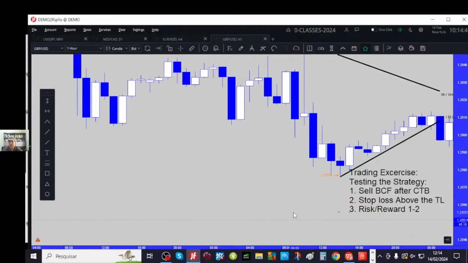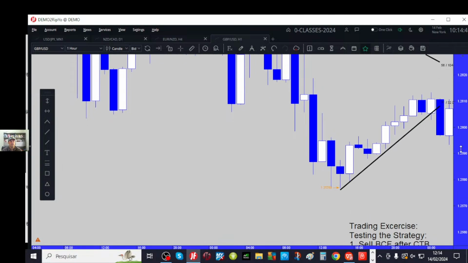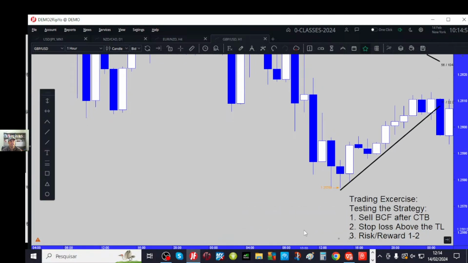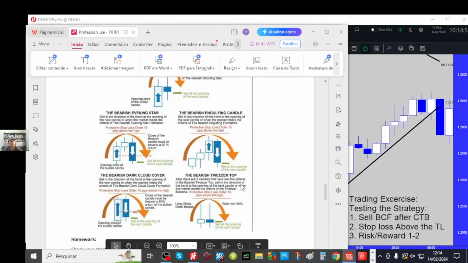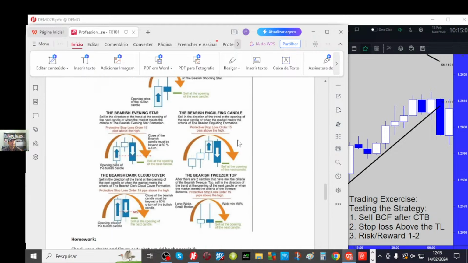Alright, not to waste too much time. Yes, alright, so sell on a bearish candlestick formation after the counter trendline break. So we agreed that this is the counter trendline break. Now let's see if we agree. Do you see a bearish candlestick formation? Do you see the bearish shooting star? You don't need to remember the names. Bearish evening star maybe. Bearish engulfing candle maybe.